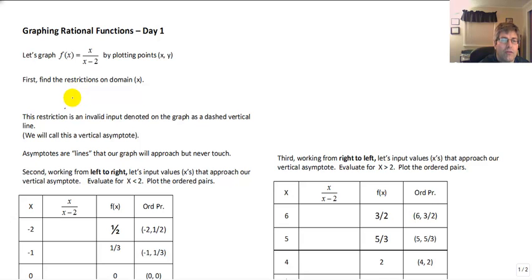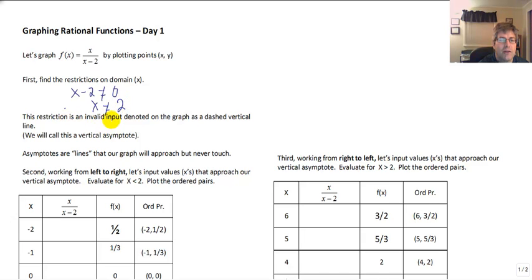So first, let's find our restrictions. We do that by setting our denominator, x minus 2, not equal to 0. So x cannot equal 2. So 2 is the only invalid input.